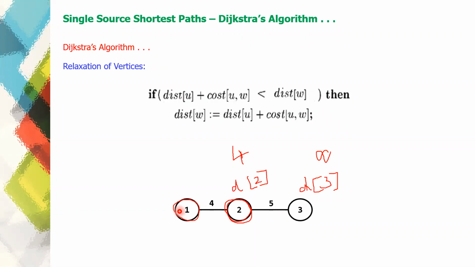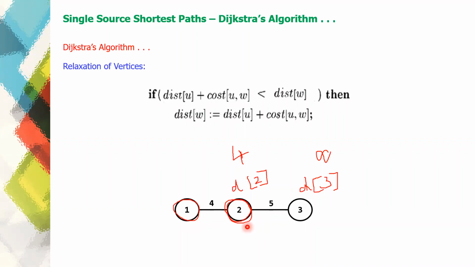At this particular point of time, node 1 and node 2 are already visited nodes. You can apply the relaxation procedure only on unvisited nodes. So even though vertex 2 is connected to vertex 1, you need not apply the relaxation procedure on vertex 1 because it is already visited.